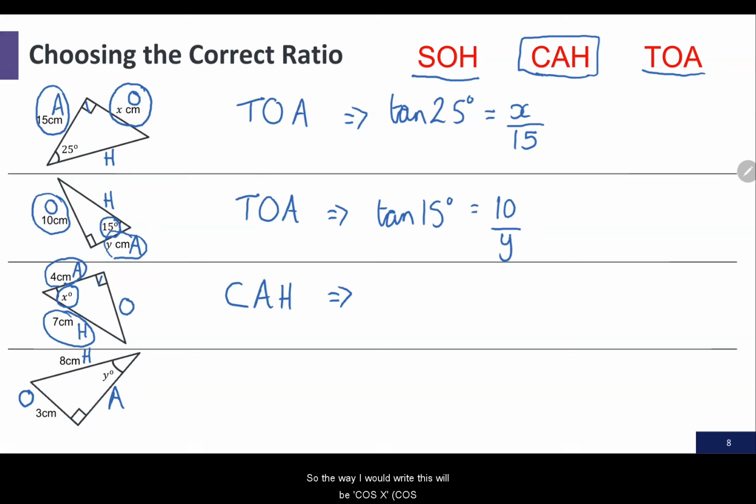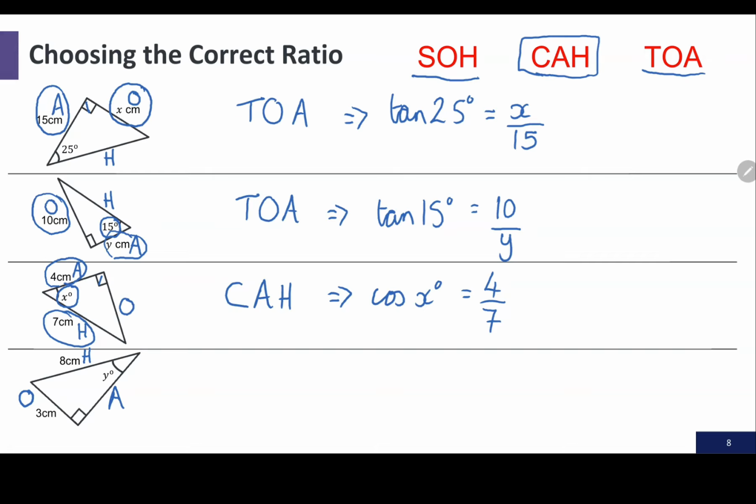So the way I'd write this will be cos x, cos of the angle, and it's A divided by h. And there we go.